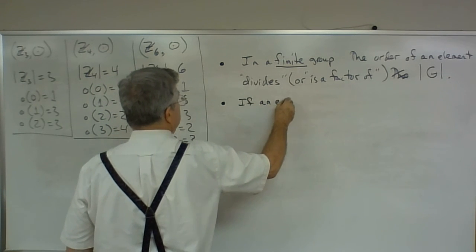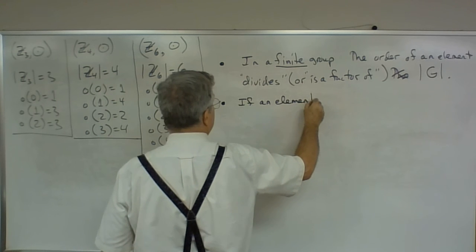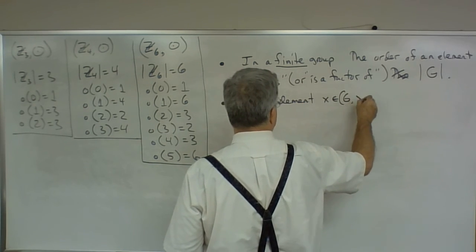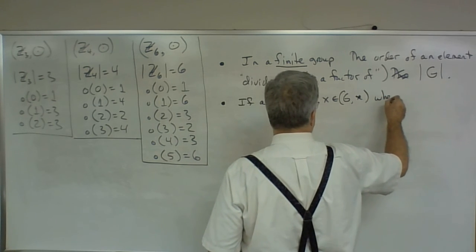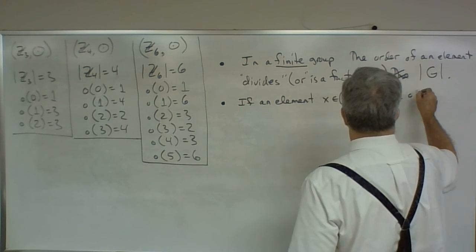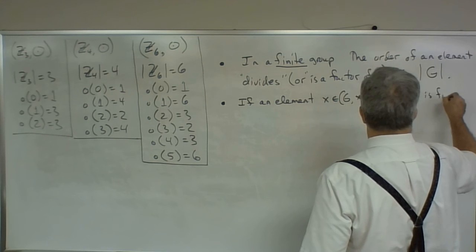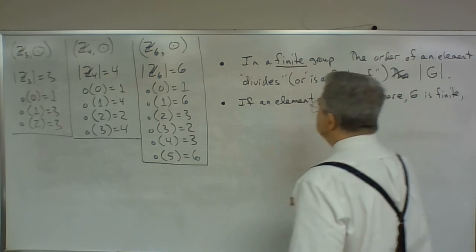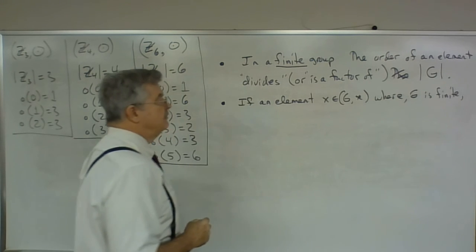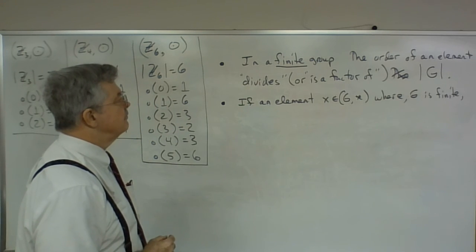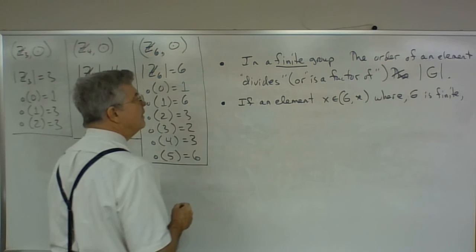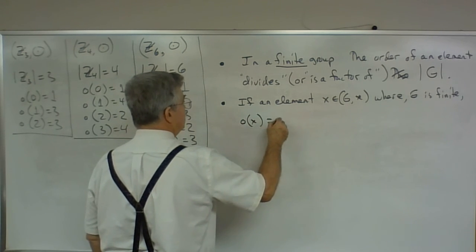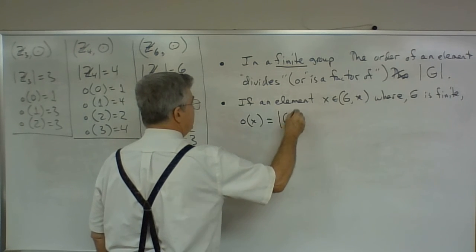If an element X in the group G, where G is finite. So if an element is in a group where G is finite, the order of the element equals the order of the group.